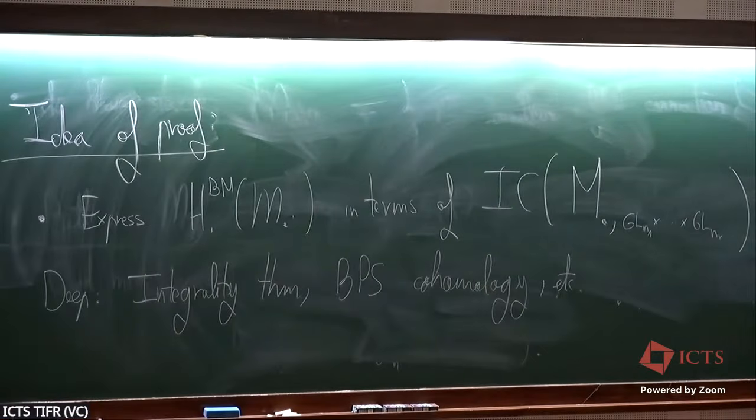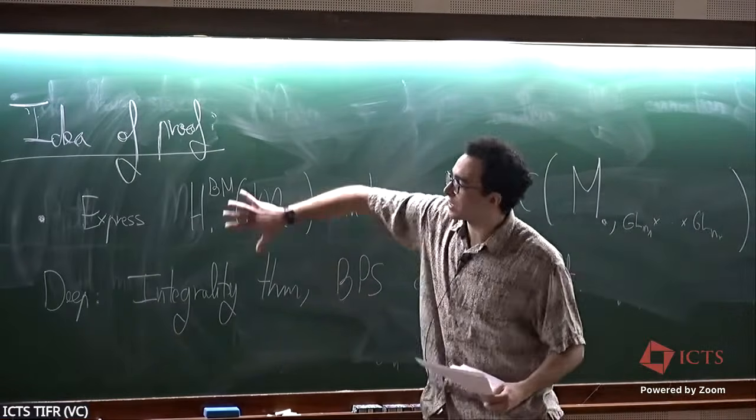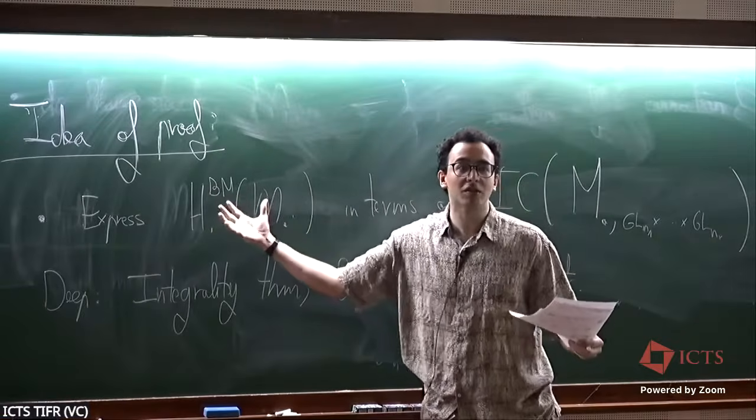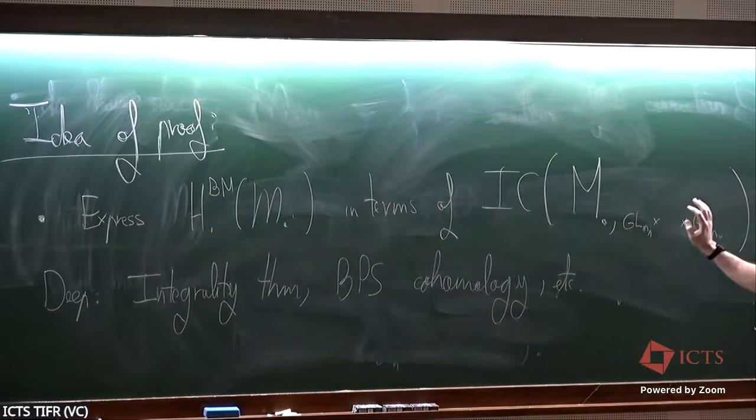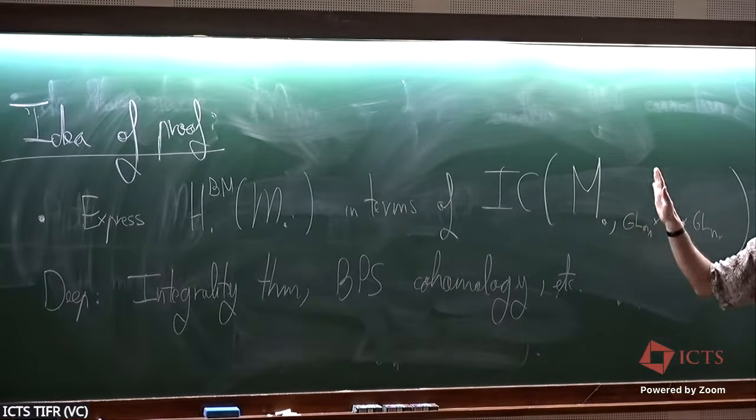And once you have a way of expressing this Borel-Moore homology, which is an infinite dimensional space, in terms of this intersection cohomology, now we can use the classical non-abelian Hodge correspondence, because intersection cohomology, a nice cohomology theory for singular spaces, is homeomorphism invariant.